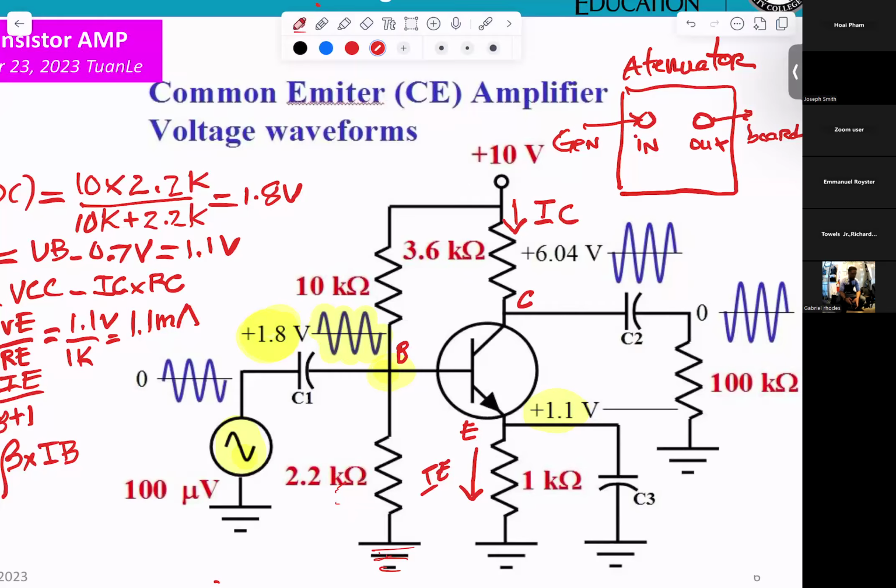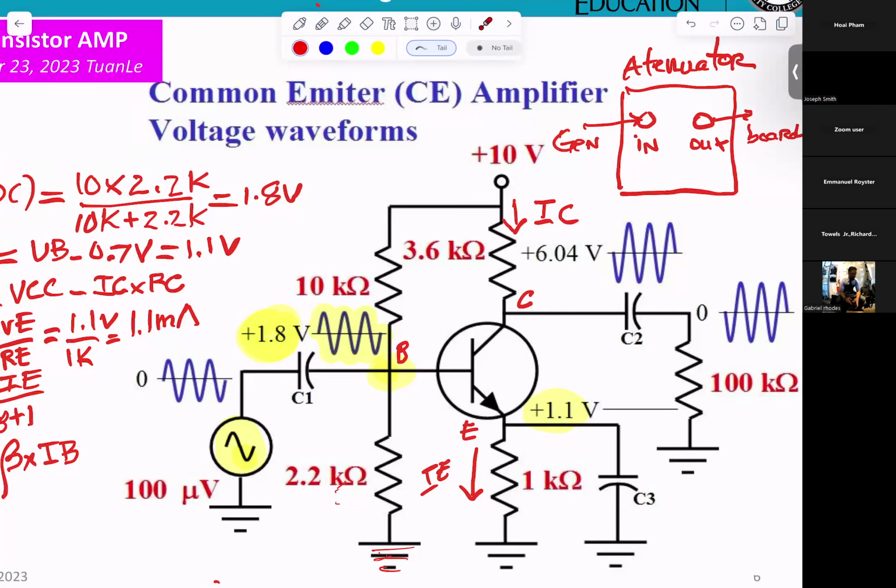Now, at the base, when you measure, you can get a sine wave here. Okay? AC coupling.